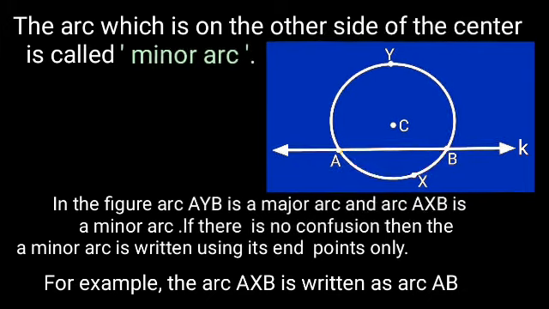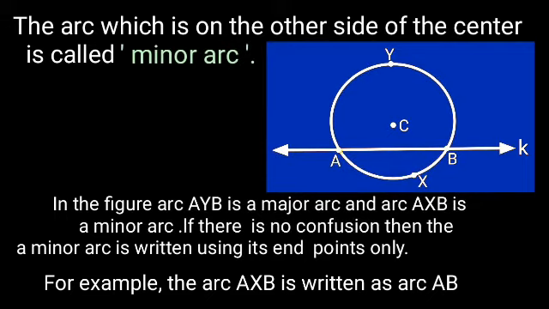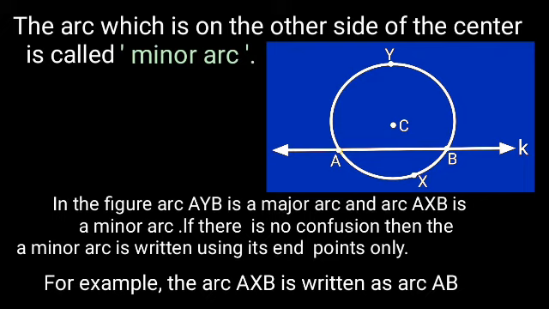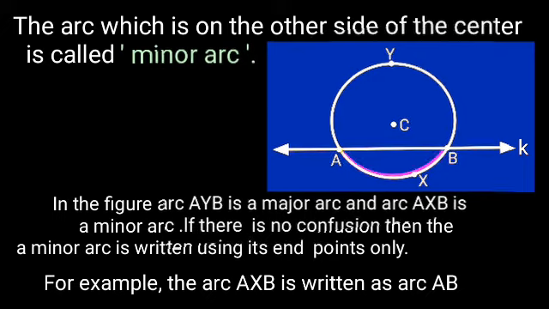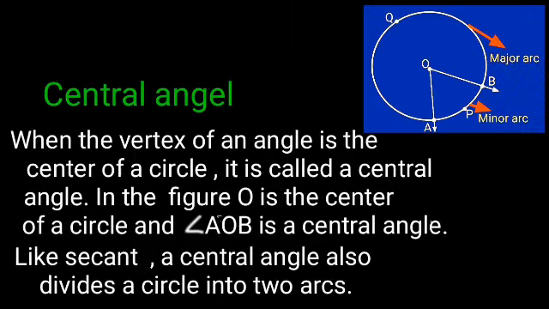If there is no confusion, then the minor arc is written using its end points only. For example, the arc AXB is written as arc AB also. Central angle.